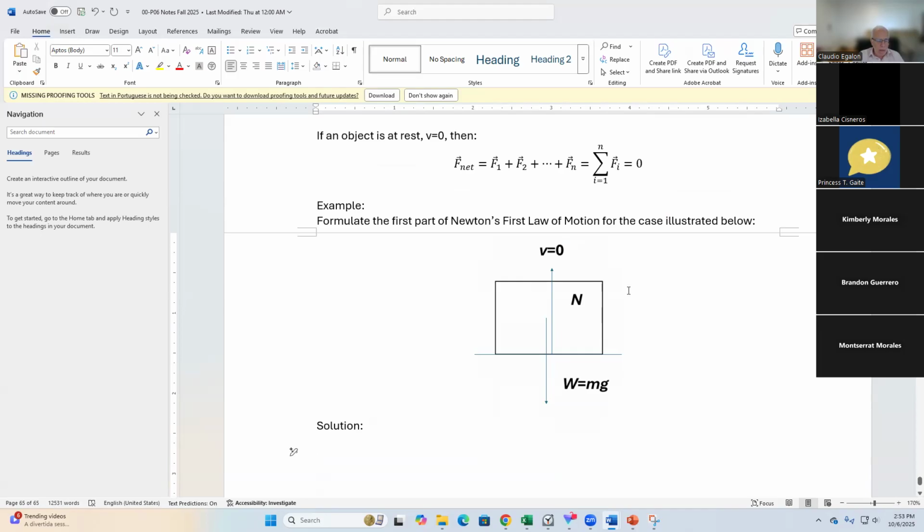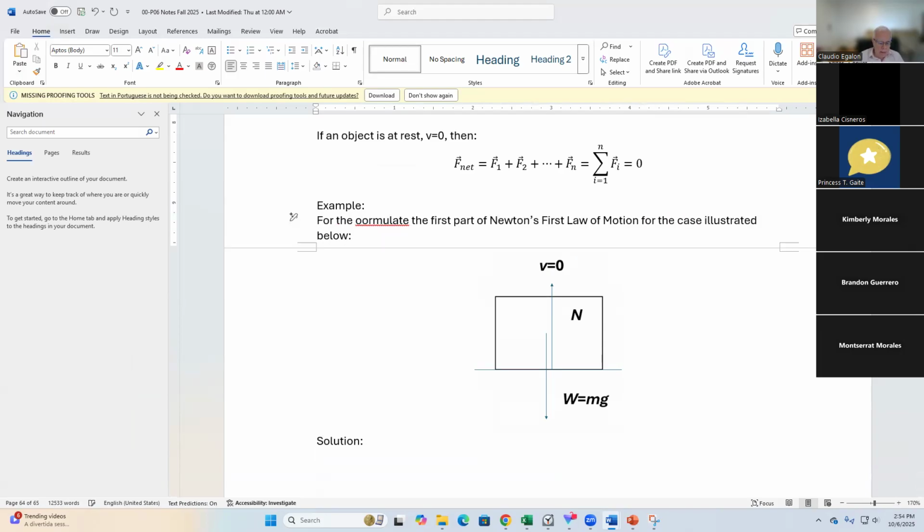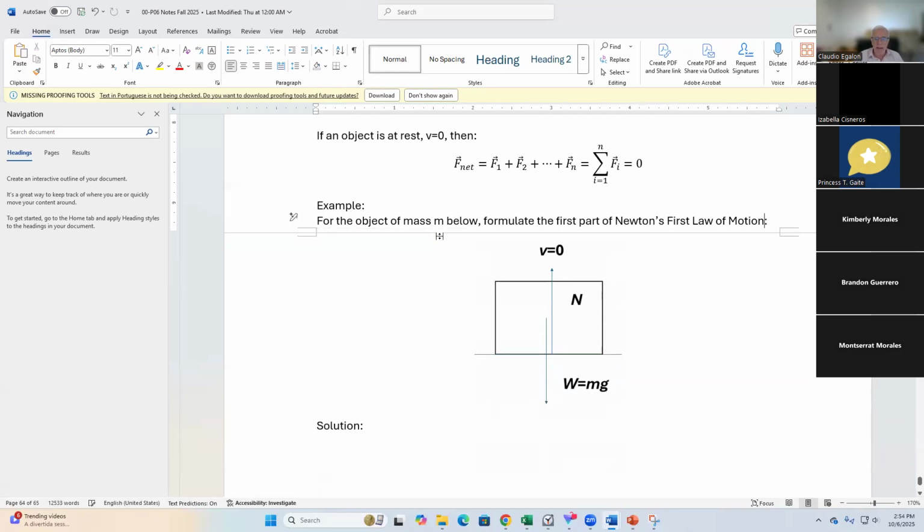From the first part of Newton's first law, for the object of mass m below, formulate the first part of Newton's first law of motion. There you go, like that.